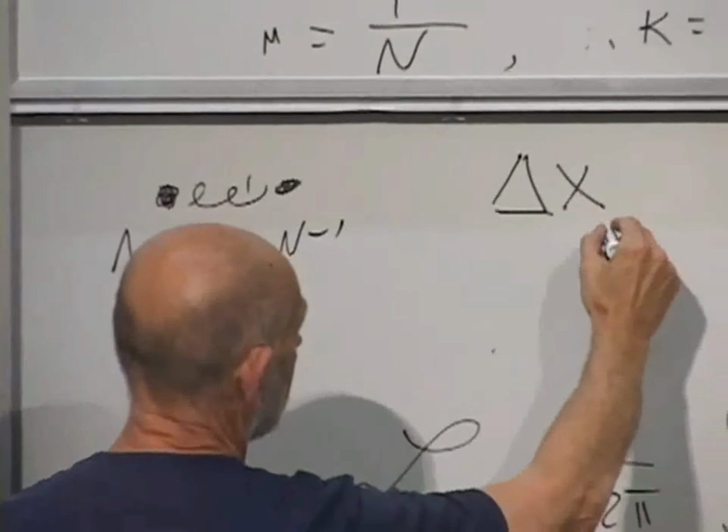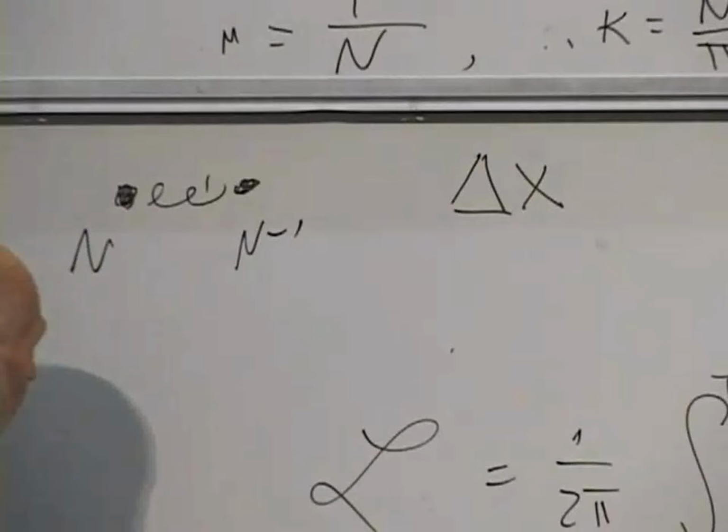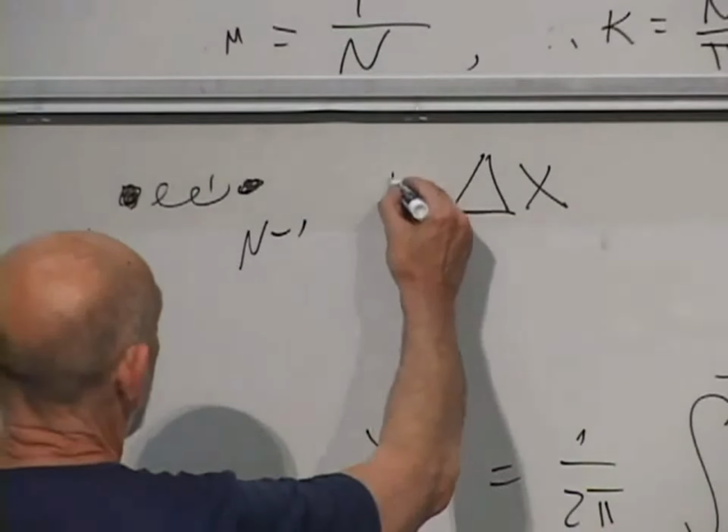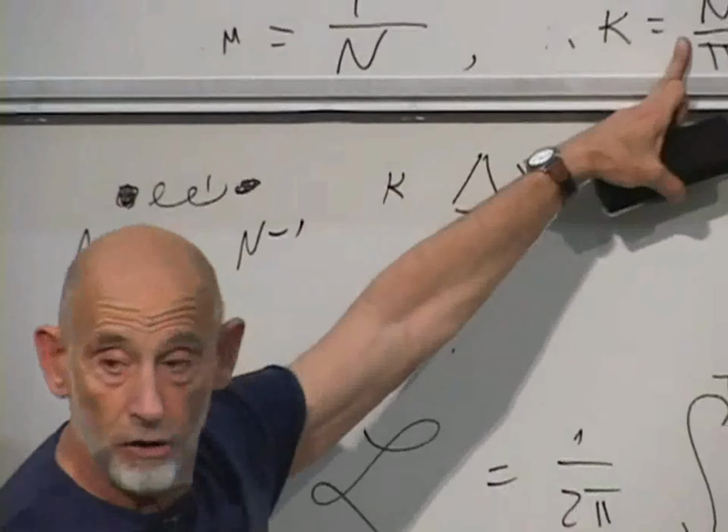Let's just call it delta x, but it means the separation between the nth point and the n minus first point. That's the force. Oh, sorry, what about the spring constant? The spring constant, K. And if you remember, K is very large.